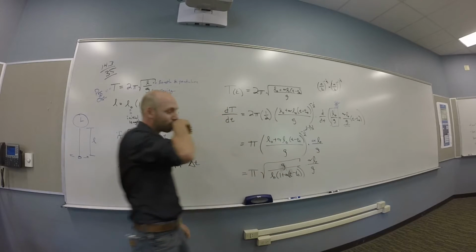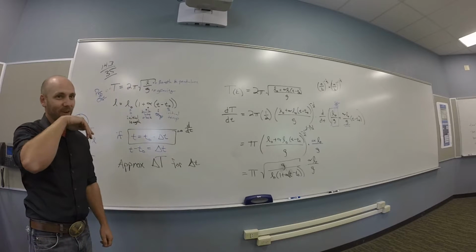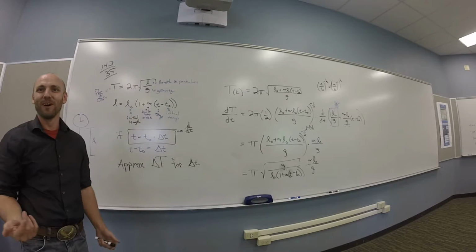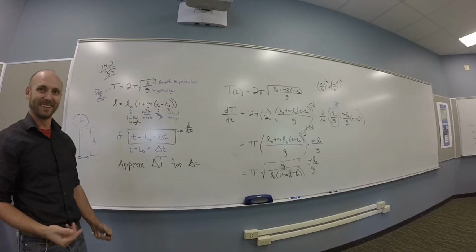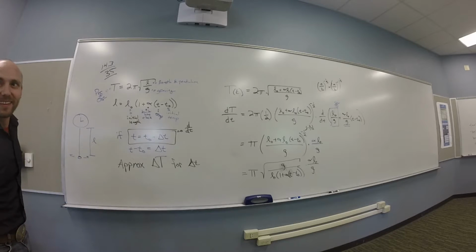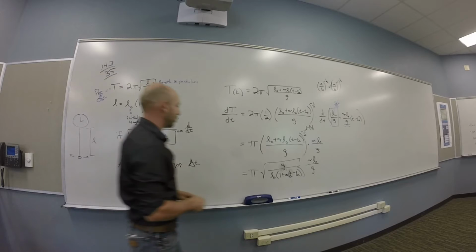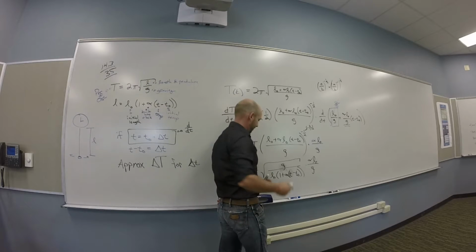What's up, Josh? Did I screw something up? No, you didn't screw up anything. There are two tricks. One trick is obviously going to work, but it's easier if you take the L naught and the G out of that before you differentiate.